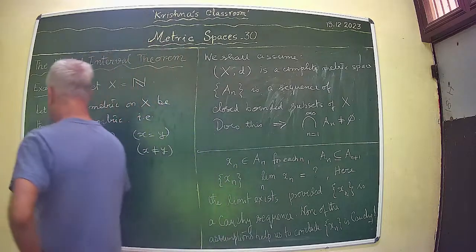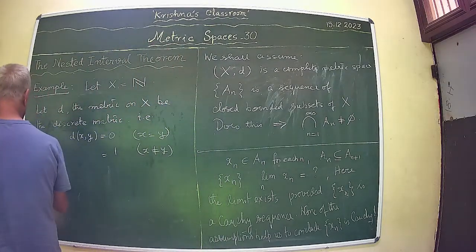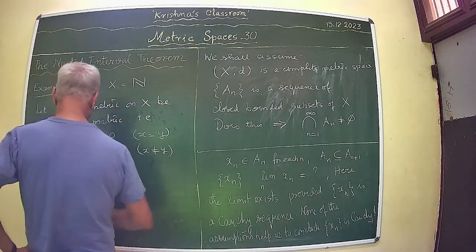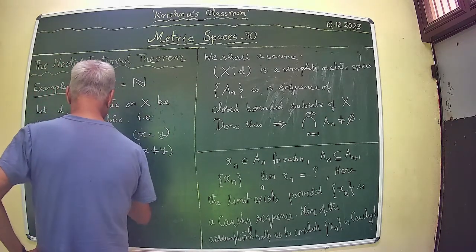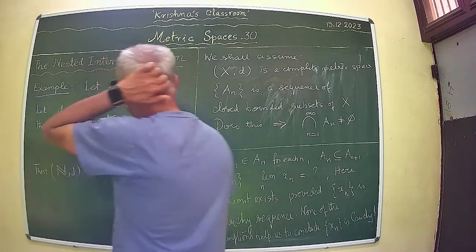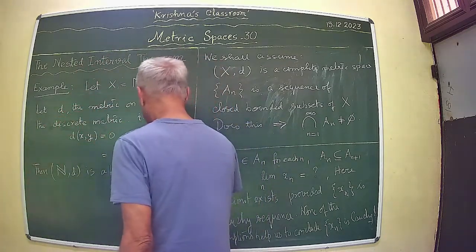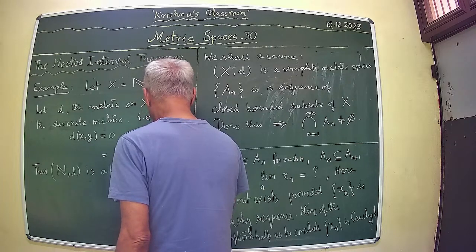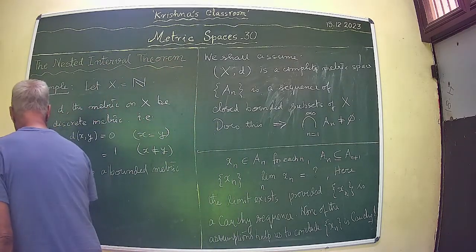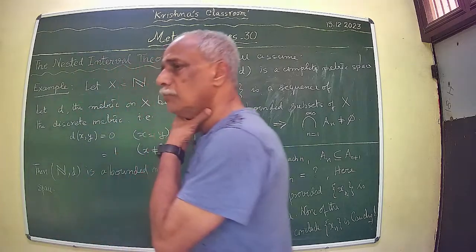Now then we have seen that these are bounded metric spaces. Therefore, every subset is bounded.